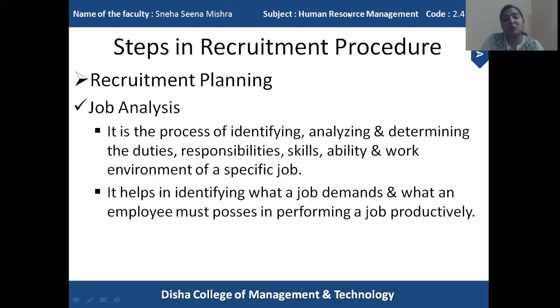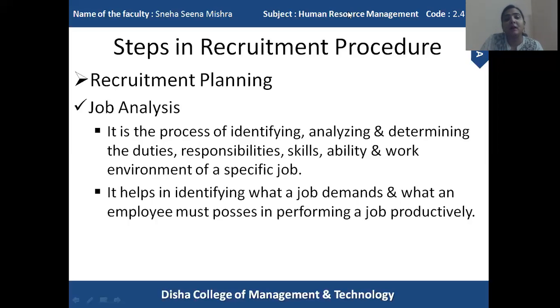Clear? And the last one is the work environment of a specific job. Work environment here means what kind of surroundings, what kind of environment is required for a particular job. For example, if a creative position is vacant in an organization, for creative jobs they cannot restrict people with a limited environment, with limited resources.